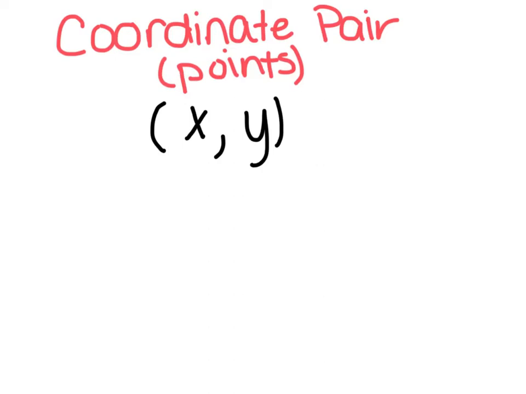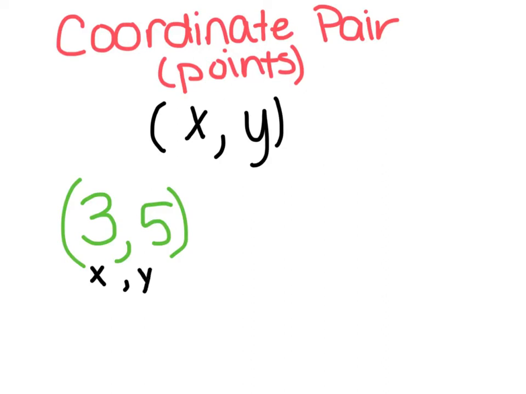If you have a point 3, 5, this first number 3 tells you how far you have to move on the x-axis, and the second number tells you how far you have to move on the y-axis, both starting from the origin. We'll go through that on the next slide. The first one shows you how far you're moving left or right, and the second number tells you how far you're moving up or down.